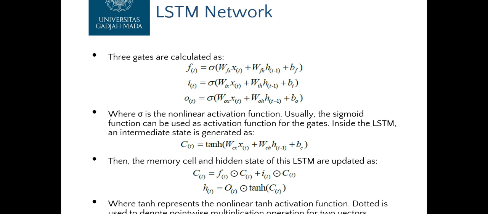Therefore, the activation values of the forget gates at time step t are computed based on the current input xt, the output of the memory cells at the previous time step, and the bias term of the forget gates. The sigmoid function finally scales all activation values into the range between 0, representing completely forget, and 1, representing completely remember.